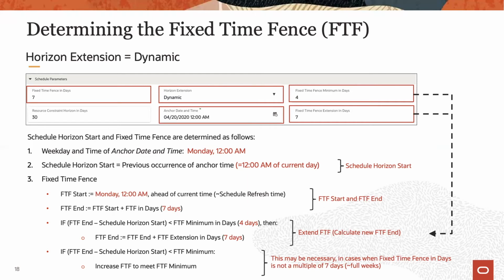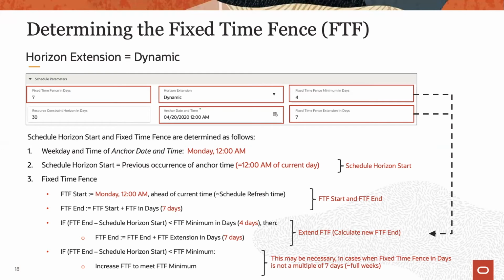Next, the effective fixed time fence is determined, which is the portion of the fixed time fence that is after the schedule horizon start. And if this effective fixed time fence is less than the fixed time fence minimum, then a fixed time fence extension is added to it.